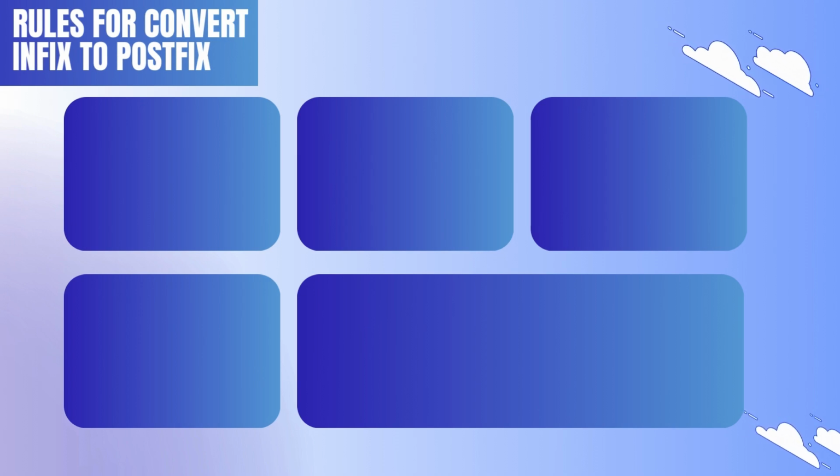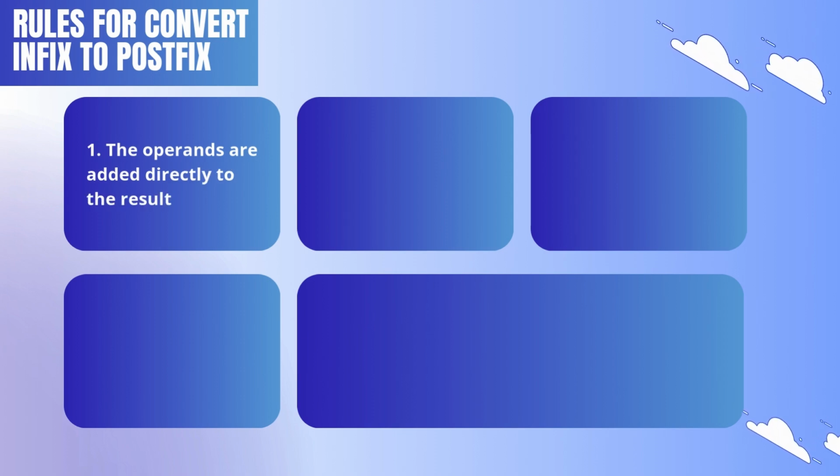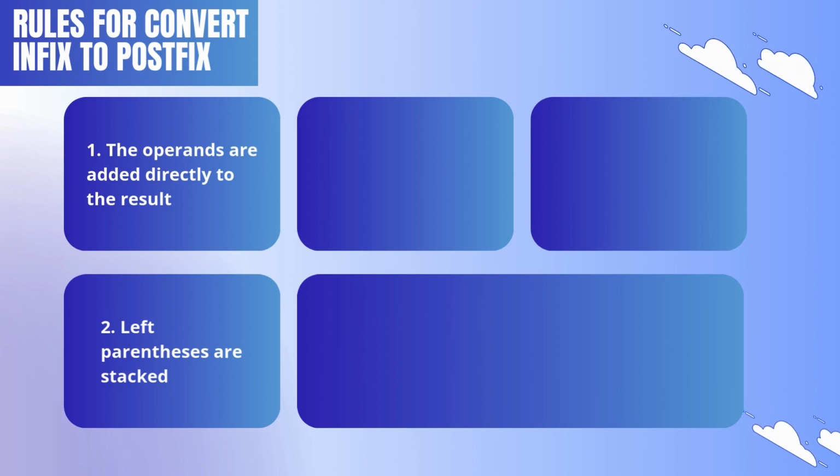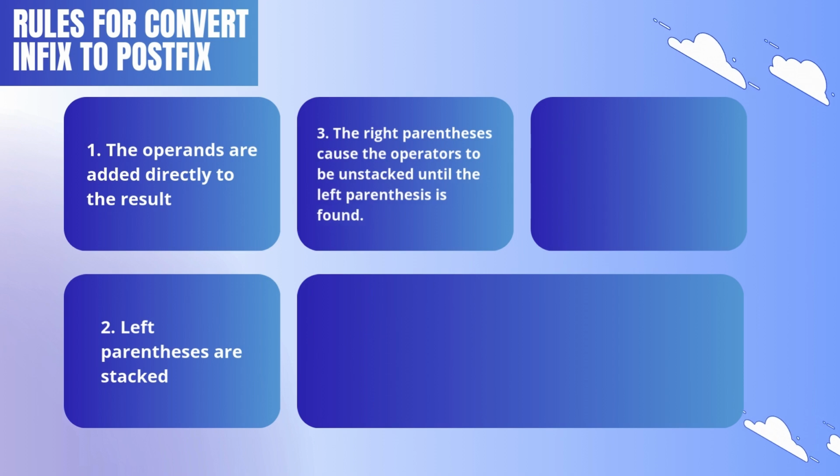First, operands, meaning numbers or variables, are added directly to the result without any change. Left parentheses are pushed onto the stack as they indicate the beginning of a sub-expression that needs to be processed later. When we find a right parenthesis, we pop out the operators from the stack until we reach the corresponding left parenthesis.